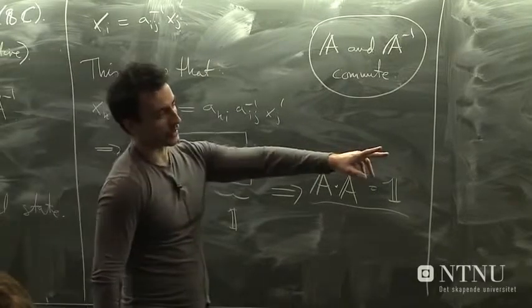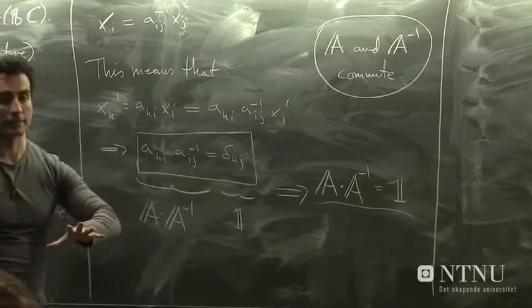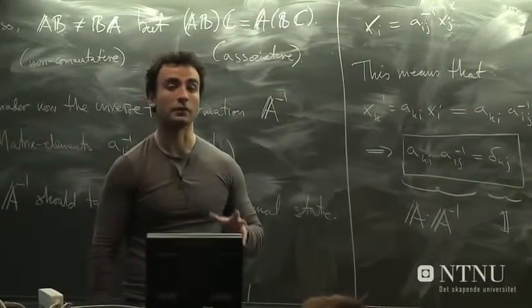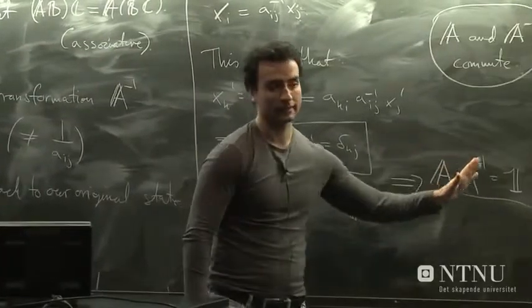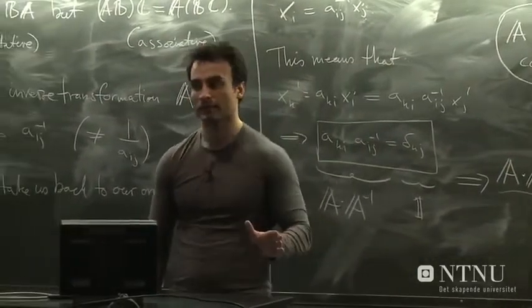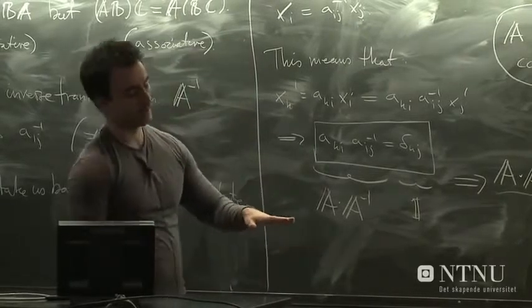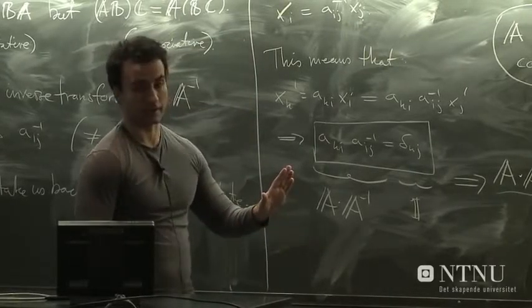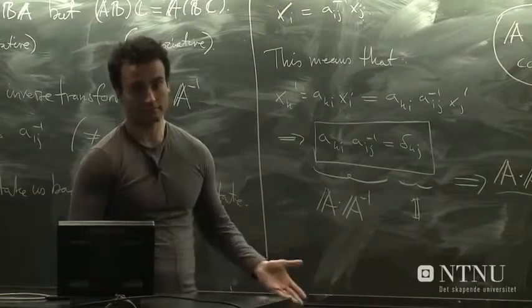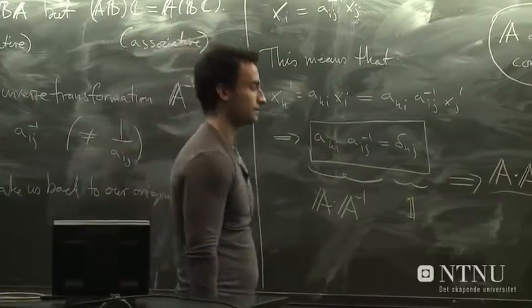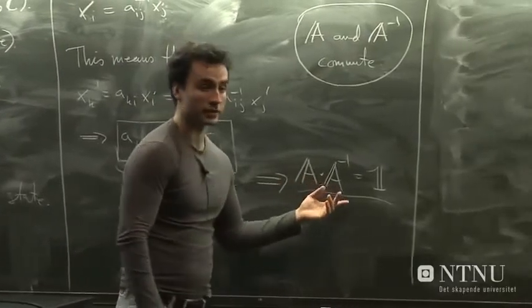So we just stated over there that two transformations, A and B, do not commute in general. However, in this specific case, they do commute. So whether you rotate r by an angle phi and then back, or if you rotate it an angle minus phi and then back, it's the same thing. So A and its inverse do commute.